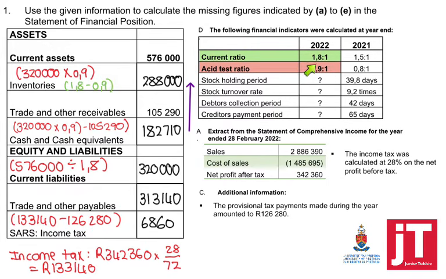If you take your current ratio and you take 1,8 minus the asset test ratio 0,9, my inventories is equal to 0,9. And then we simply say 320,000 times 0,9 and it will give us exactly the same answer, 288,000.